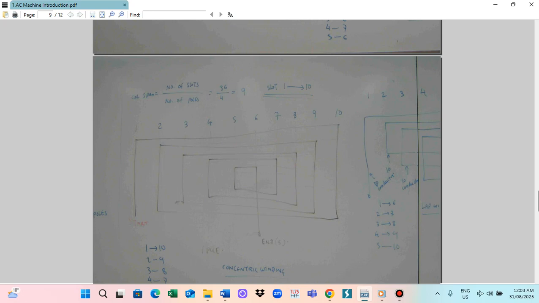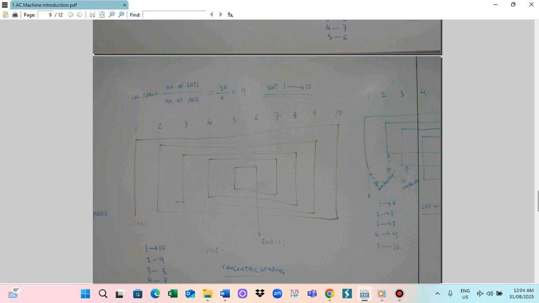So we start from slot number 1. 1 to 10, and then 2 to 9, and then 3 to 8, and 4 to 7, and 5 to 6.